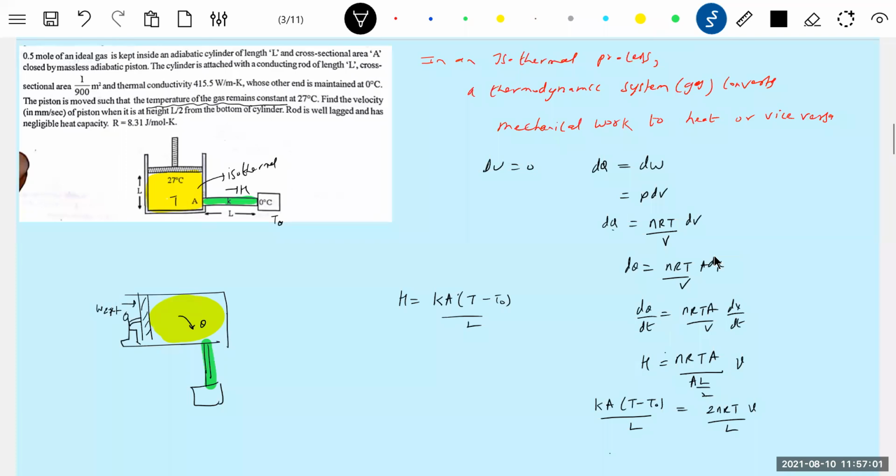I think 27 only we can write it. No need to convert to the Kelvin scale. I do have the answer for this: 5 millimeter per second. Better write it.